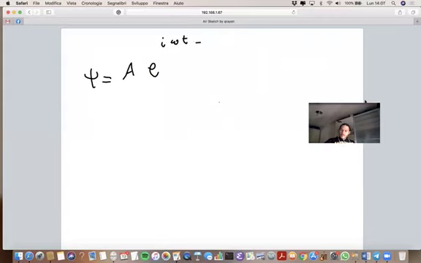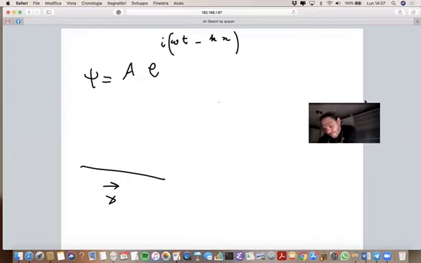And then if x is the direction of propagation, I will have my velocity times x. Sorry, not velocity here, I will call this k, or wave vector times x.